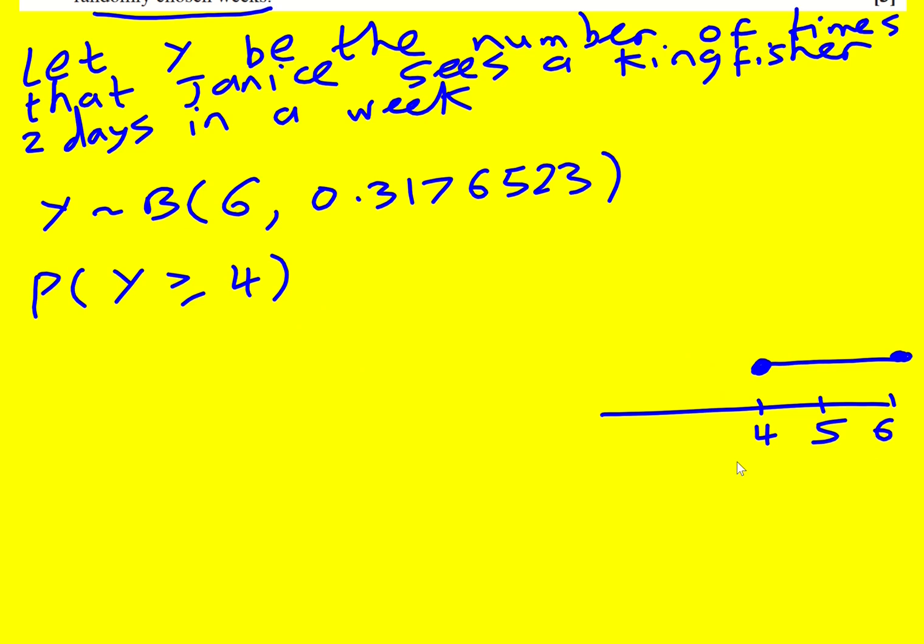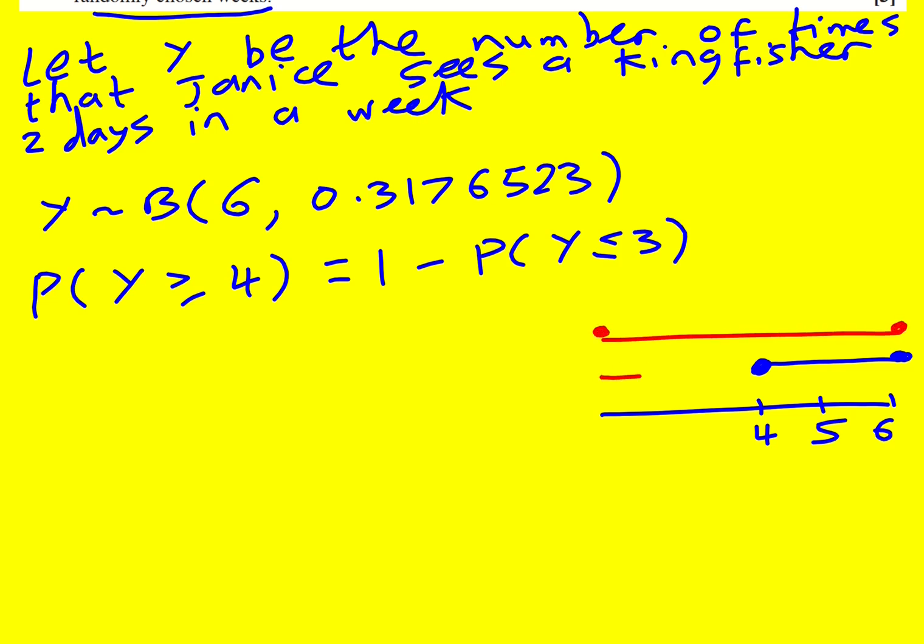But there's another function you can use on your calculator that will deal with it more easily. Your calculator has the ability to look up less than or equal to. So actually, this probability is going to be 1 minus the probability that y is less than or equal to 3. Because 1 is the whole thing.